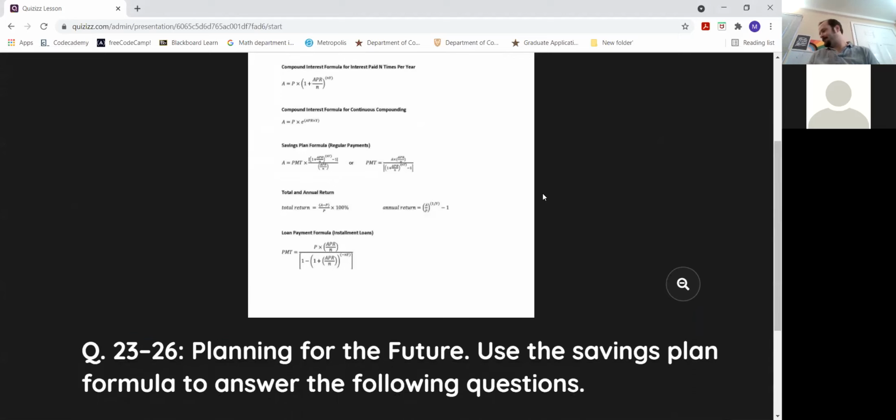These, in case you didn't notice, are a little bit more complicated than what we were doing last time. There's a few more steps involved.